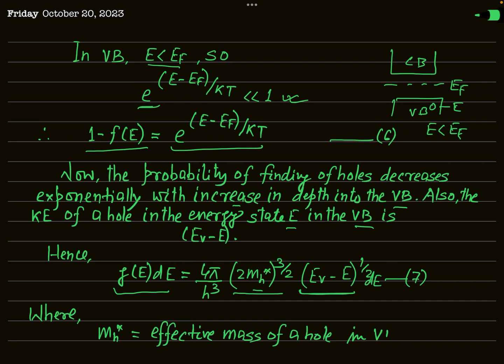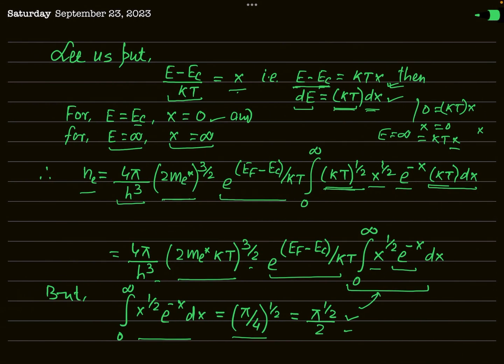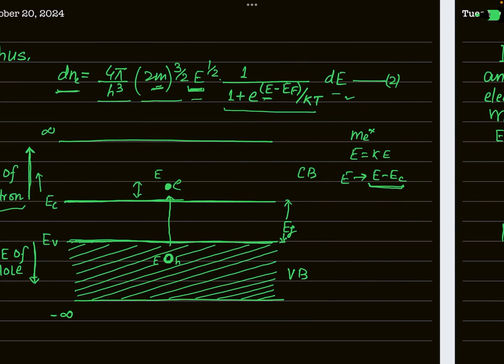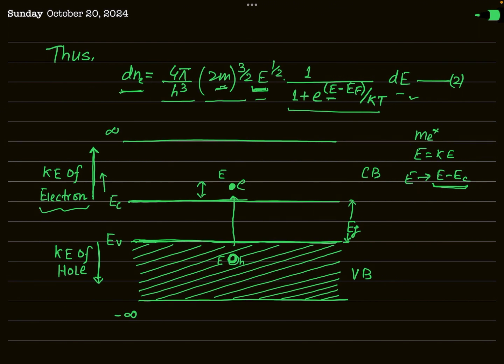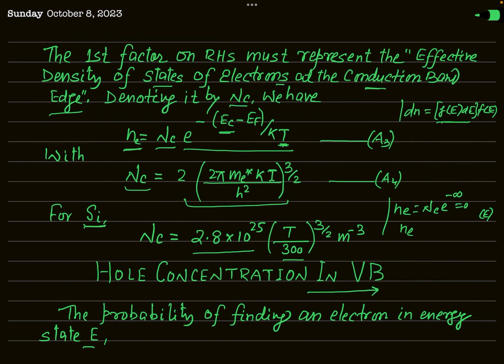In place of kinetic energy, what will be the value? The probability of finding holes decreases exponentially with increase in depth into the valence band, and the kinetic energy of a hole in the energy state E in the valence band is EV minus E. Mark, you can see this band diagram: if we consider a hole here with energy E, and the energy at this level is EV, then this EV minus E is the measure of the kinetic energy of the hole.